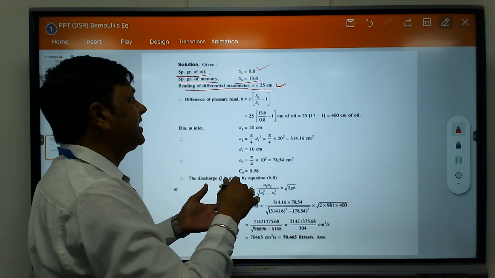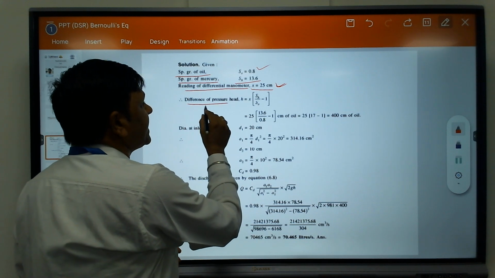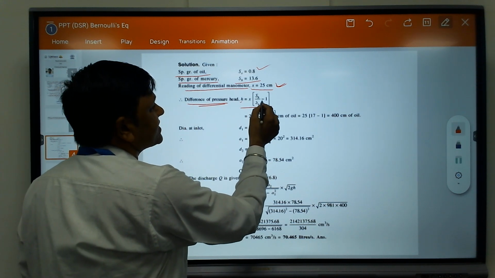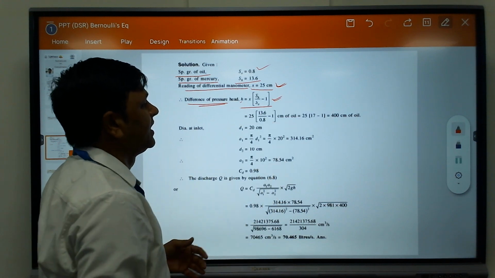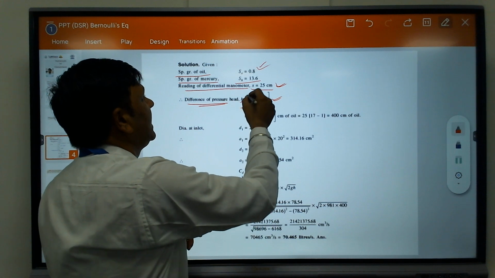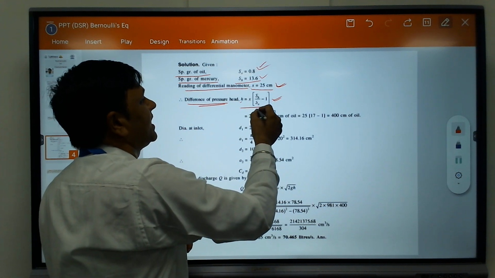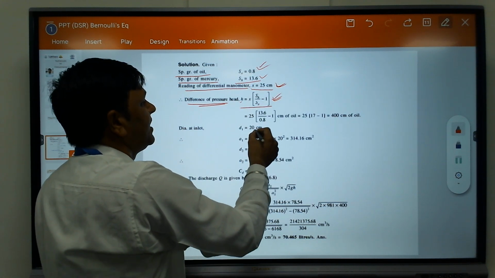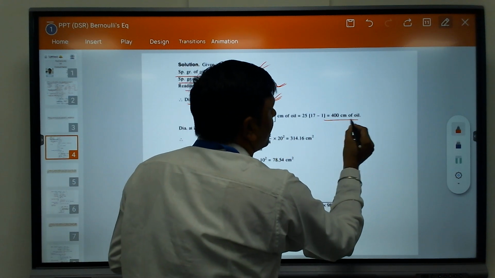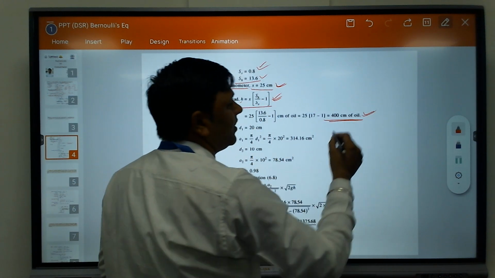Now, the difference of pressure head H is equal to X times (S_h upon S_o minus 1). Putting the values of the specific gravity of oil and mercury in this equation, we get the difference of pressure head as 400 centimeter of oil.